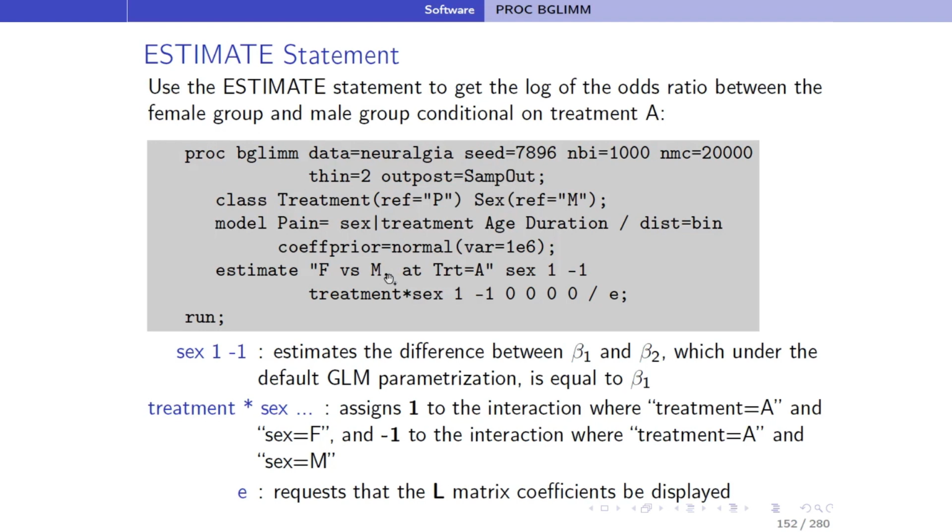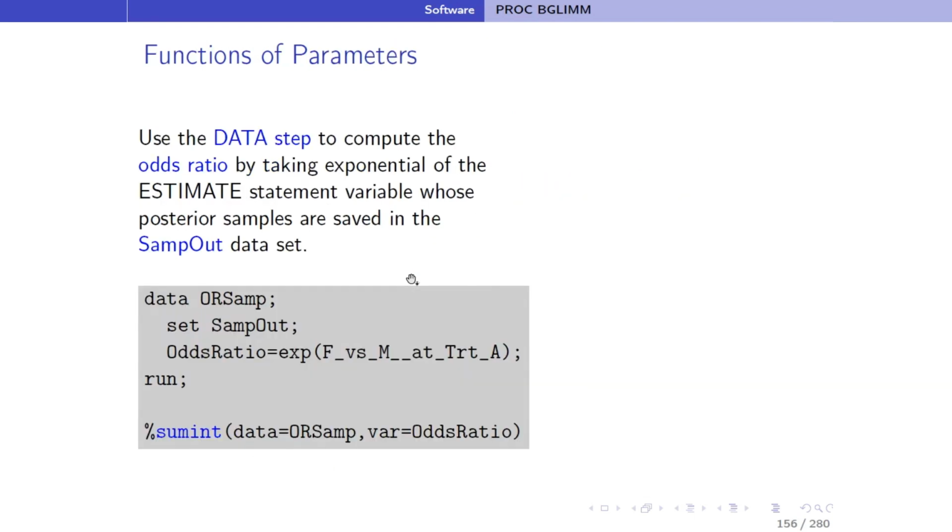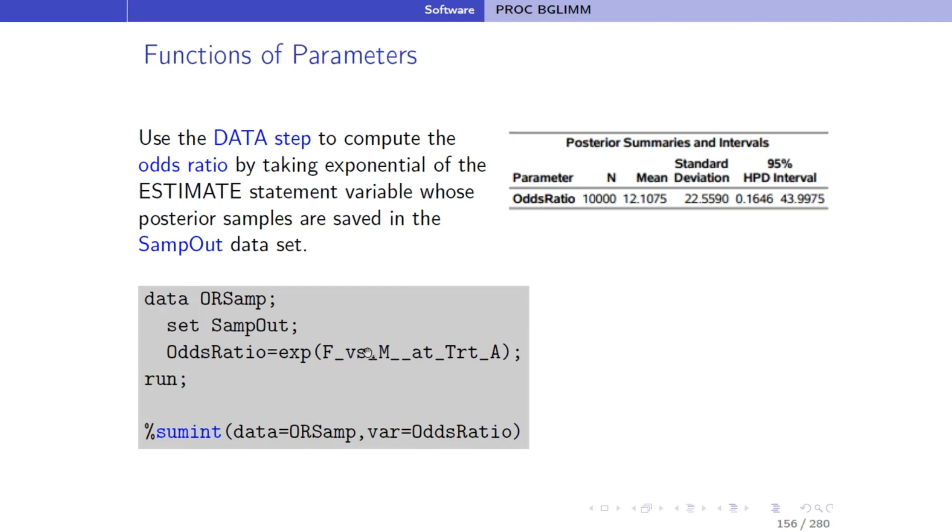So if you want not the log of the odds, but the exponential of the log of the odds, you take the sample out data set and compute the odds ratio as the exponential of that variable. Afterwards you can use the %sumint macros to compute things such as the posterior mean, standard deviation, and HPDs of the odds ratio, or even plot the density plot.